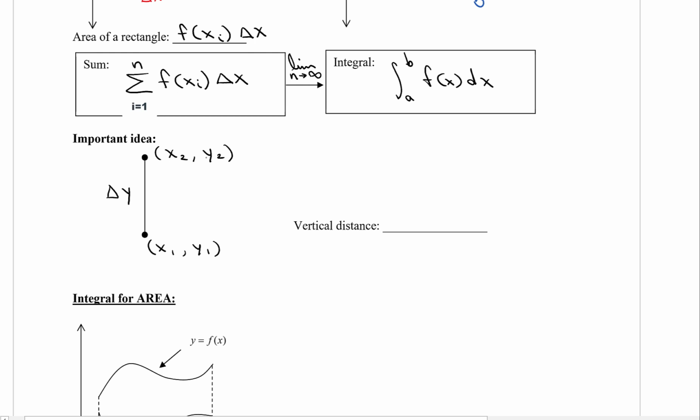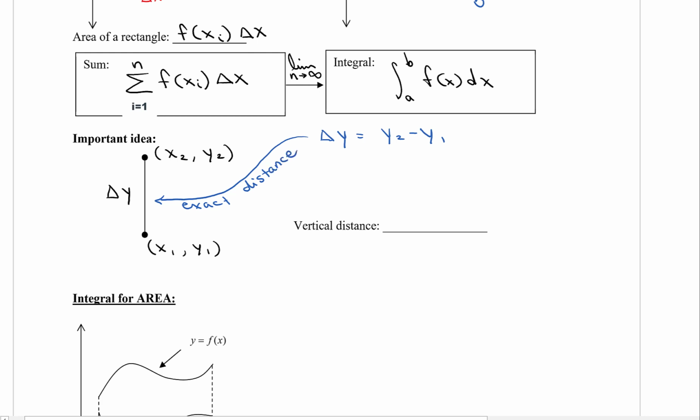So I'm going to refer to that as delta y. In order to find that distance, delta y is going to be equal to y sub 2 minus y sub 1. This delta y is going to represent an exact distance for us.